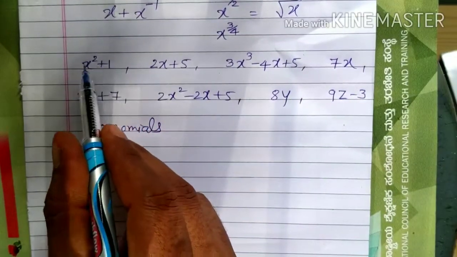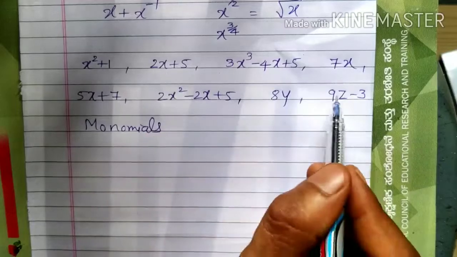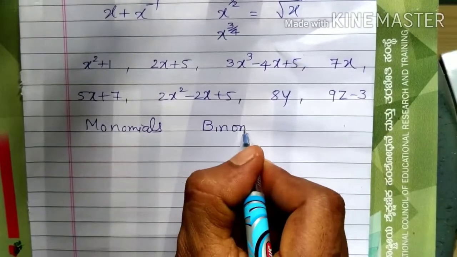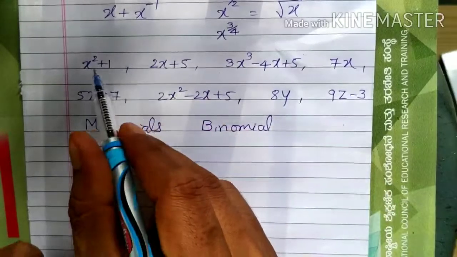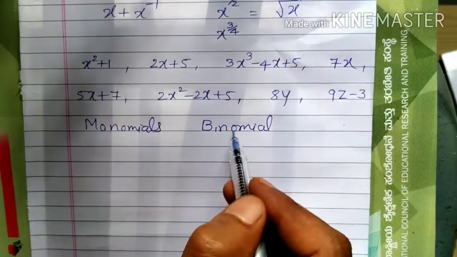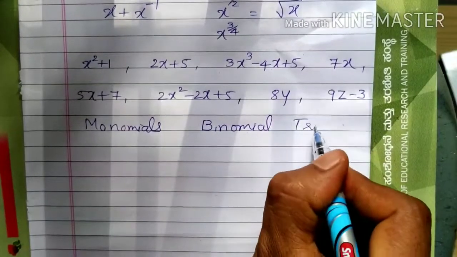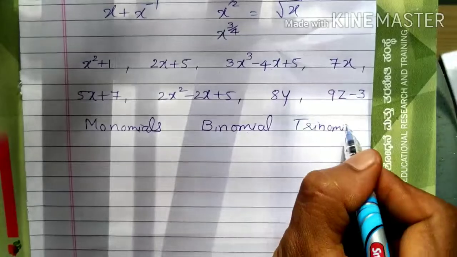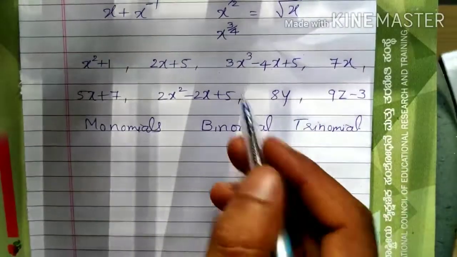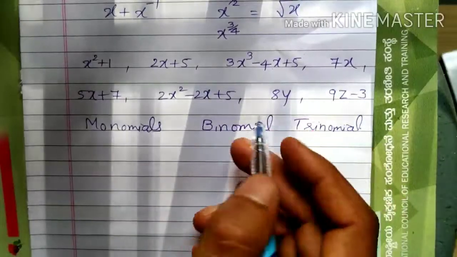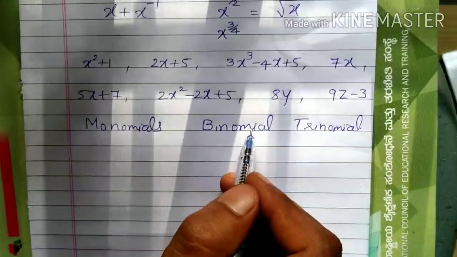If a polynomial has two terms, then it is called a binomial, and if it has three, a trinomial. If it has more than three, we just call it a polynomial. So monomial, binomial, trinomial.